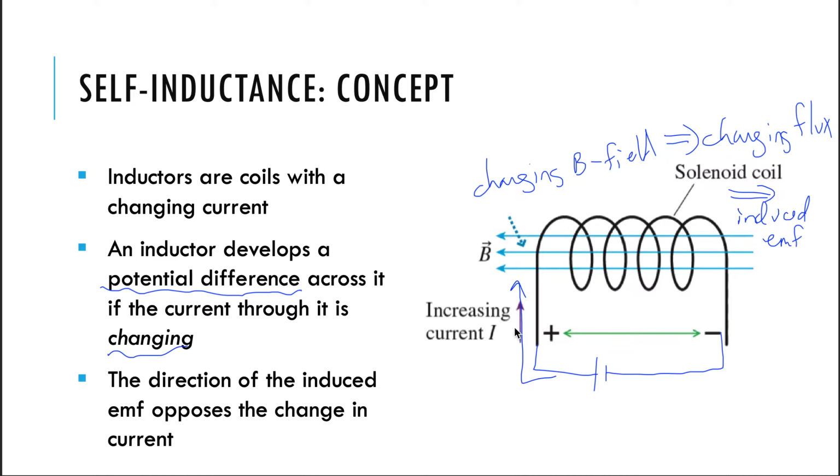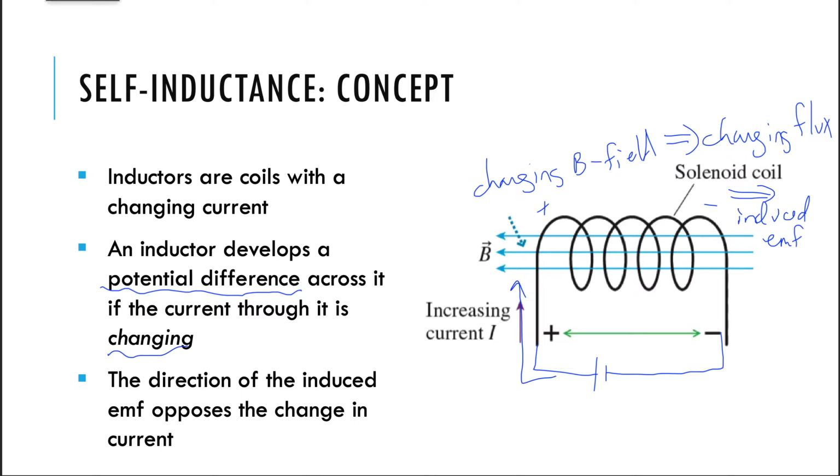So in this case, if the current was increasing clockwise, then the induced EMF is going to produce a current counterclockwise to oppose that increasing flux. So the EMF induced along the inductor would have a positive on the left and a negative on the right, so that it would oppose that increasing current. So that's all the concept.